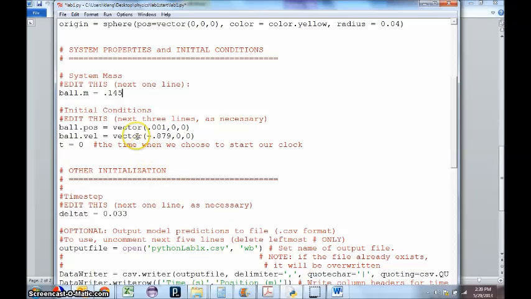Okay, in Python I set the mass of my ball to 0.145 kilograms, which is the mass of a baseball. My initial position was 0.001, which was my initial position in the tracker as well. And my velocity I calculated as negative 0.879.